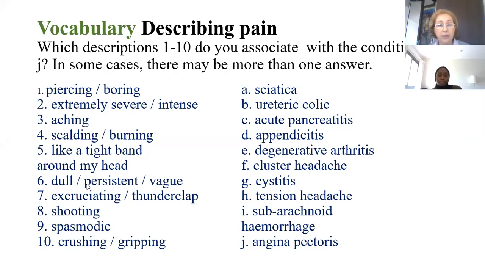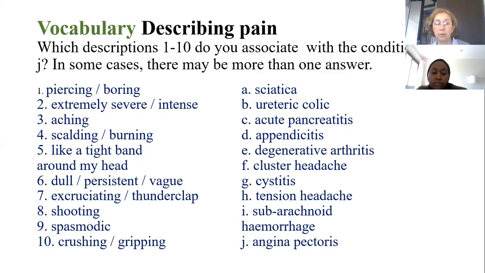And then number 6, dull, persistent, vague. Persistent means without any pause. So what kind of condition can we think of if a person has a headache? Headache, possible.